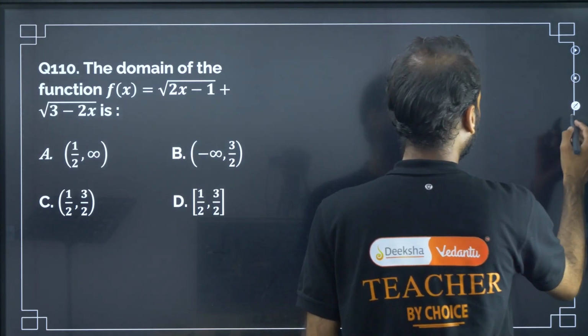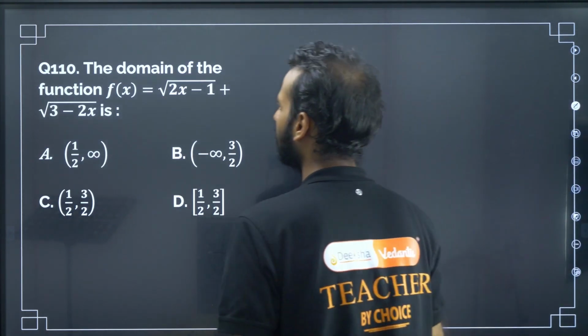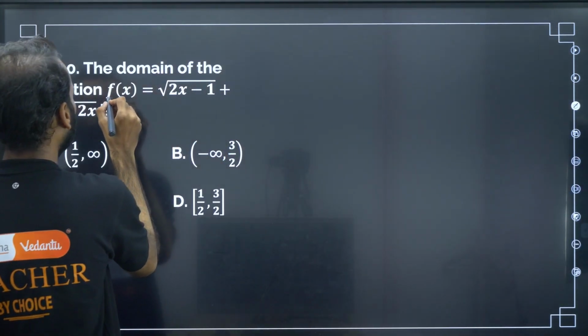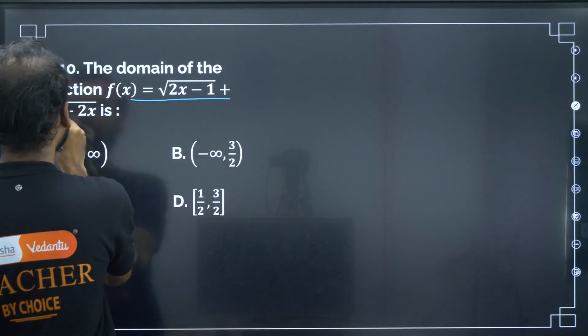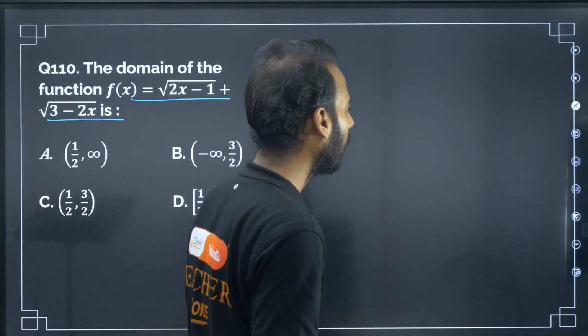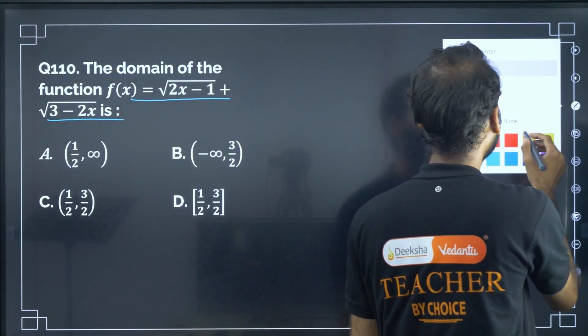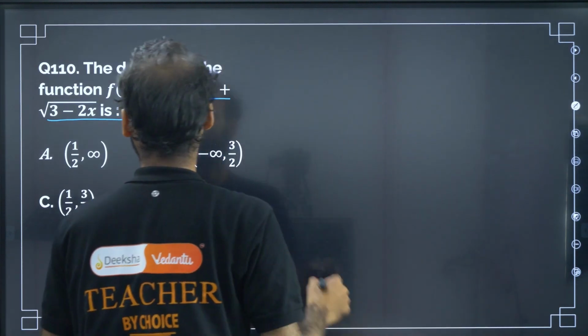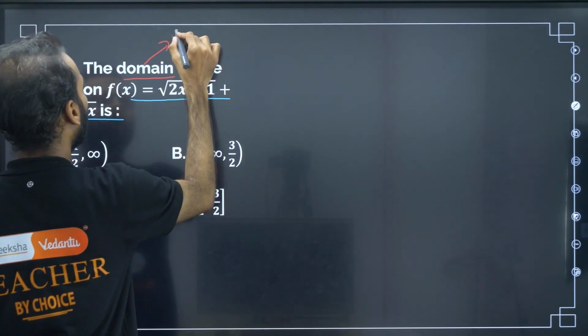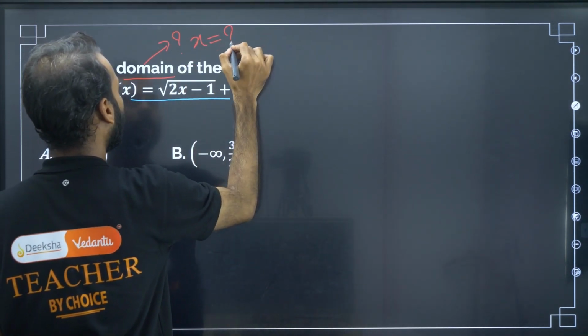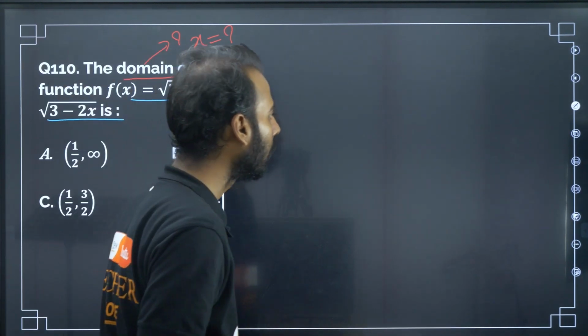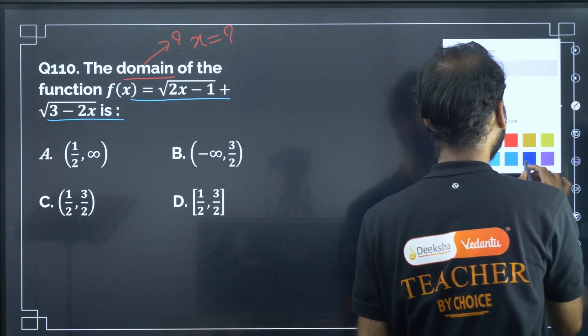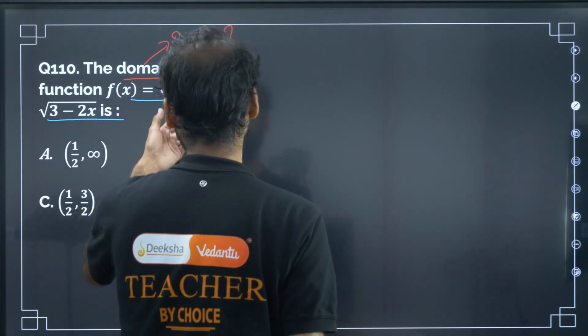The domain of, easy question. The domain of this is one function they have given. They are talking about domain. Domain means what? X values. What are the x values of this function? So how this starts? 2x minus 1 is there.